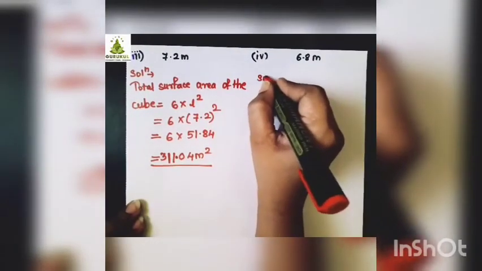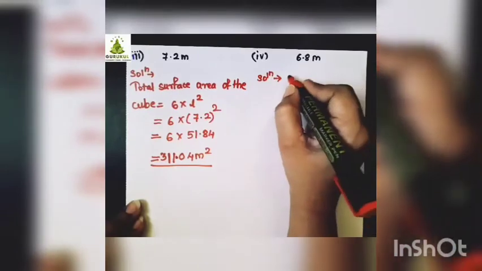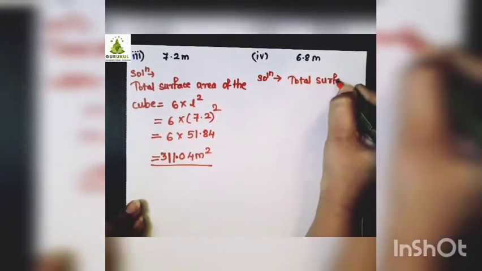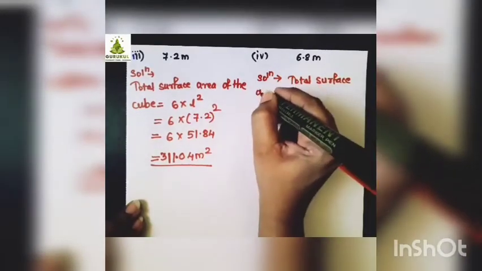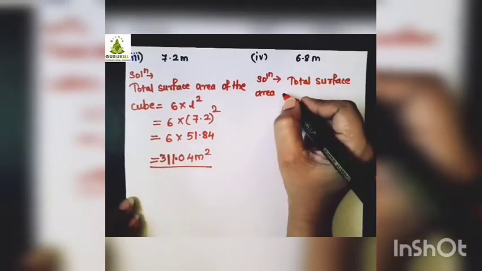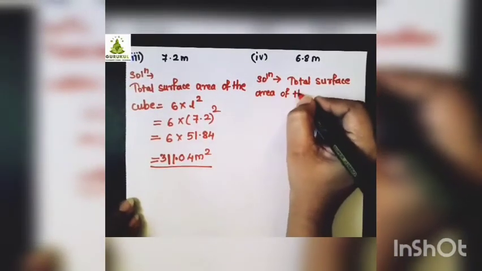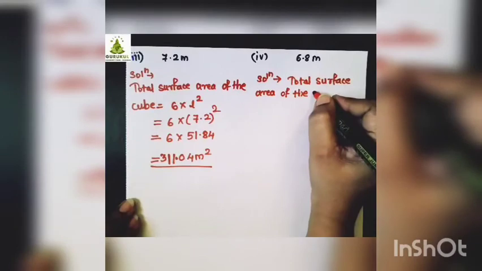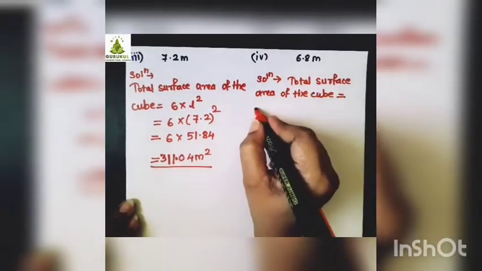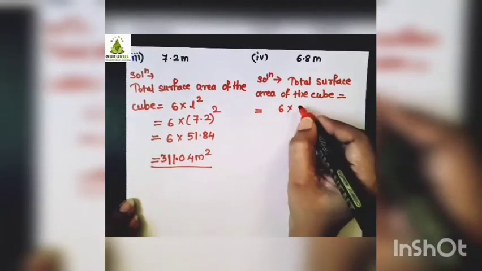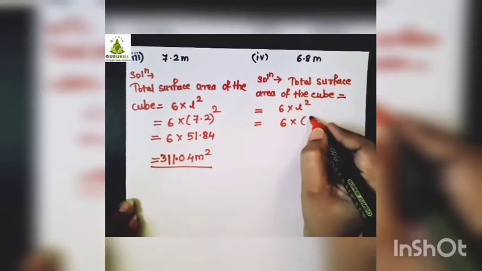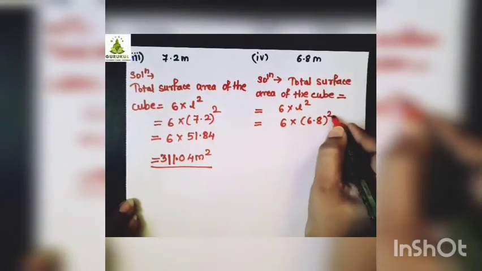Next one, same method, total surface area. Whenever you observe these sums, you should start writing them in your maths notebook. If you know the method, it is the same method, so you see the method only for the first one, and the rest you can calculate without watching the video.